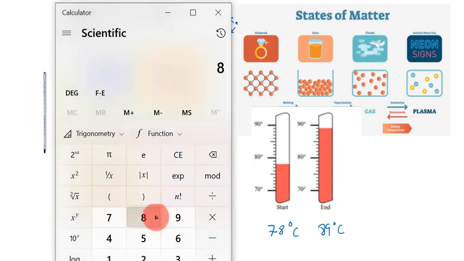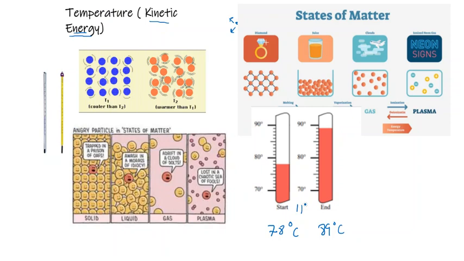So if we put in 89 and we minus what it started off as, 78, it's increased by 11 degrees. So the change in temperature from start to finish was 11 degrees Celsius. So that's the change in temperature.